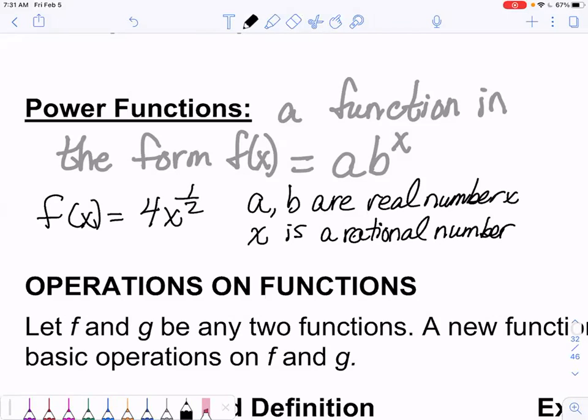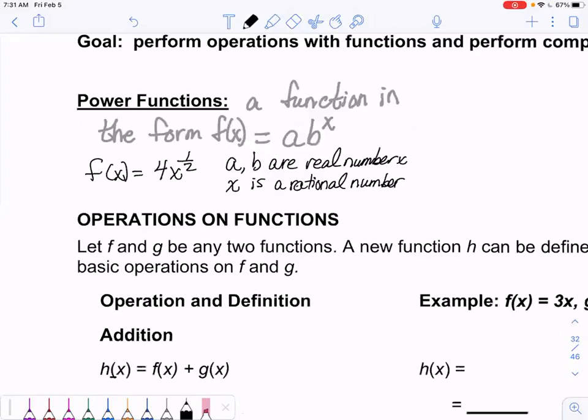So that could be an example of a power function. So it has some kind of exponent or power. But those powers could be squared, it could be a half, it could be a cube. And it's of the form f of x. So we've been working with expressions that have powers. Now we're calling it a function because we're setting it equal to f of x. That's pretty much all we're doing here.